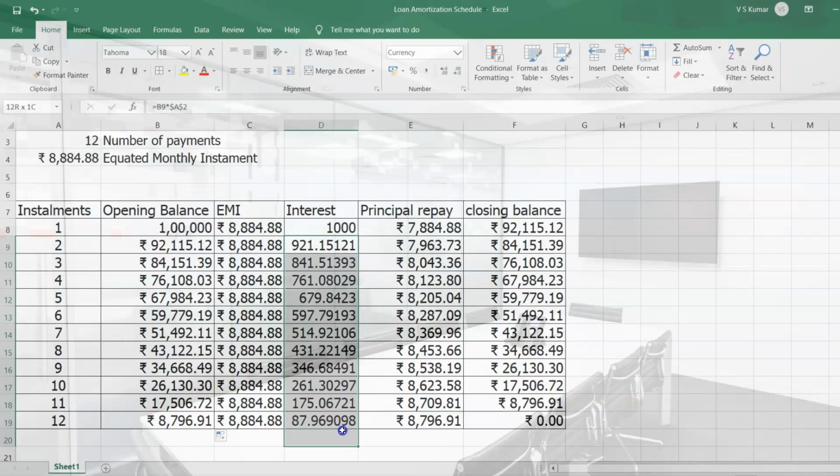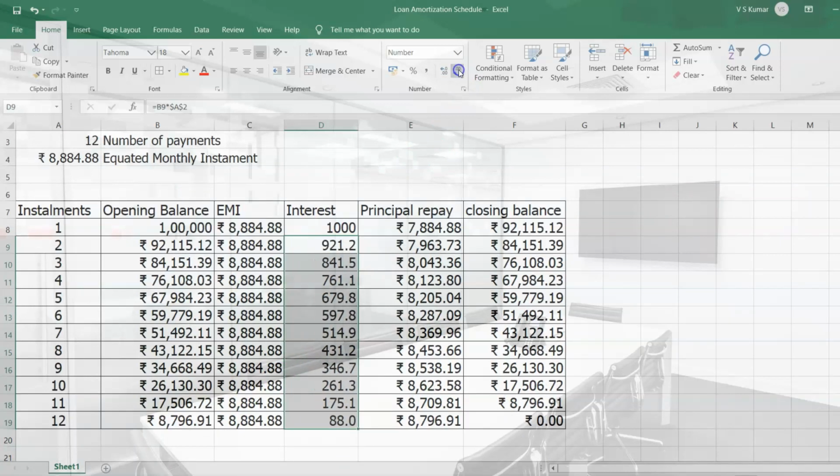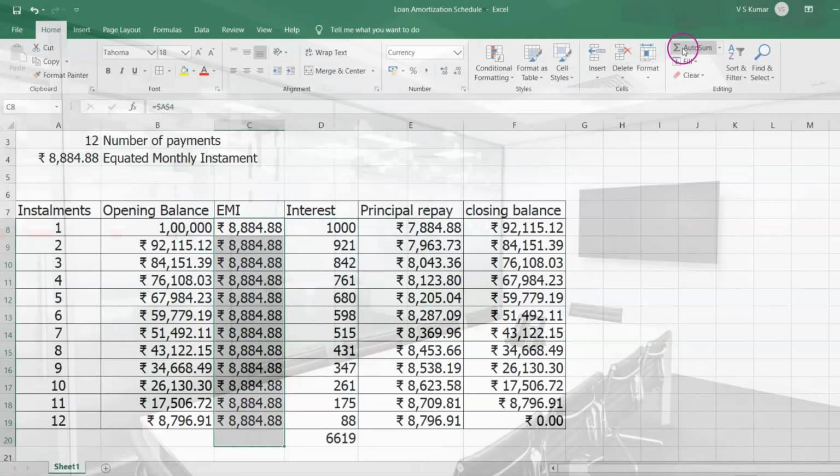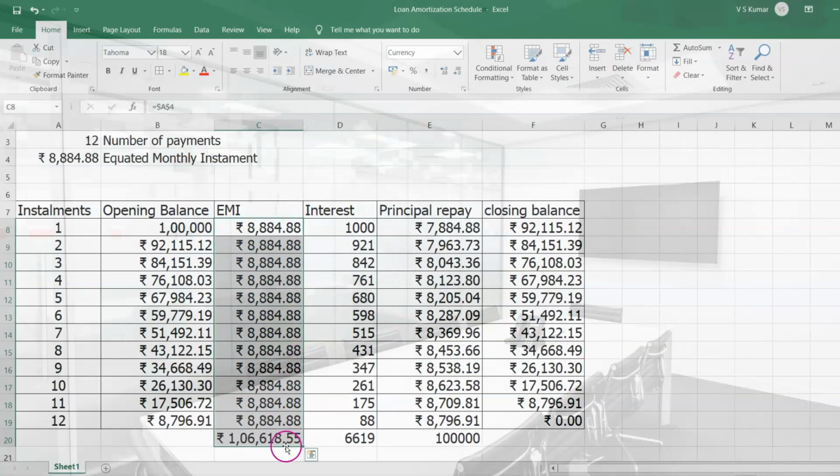Here after the decimal there are so many digits, so I'm reducing it. So this is going to be your total interest. For this transaction your total amount of interest is 6,619. The total amount of EMI will be just 1 lakh plus that.